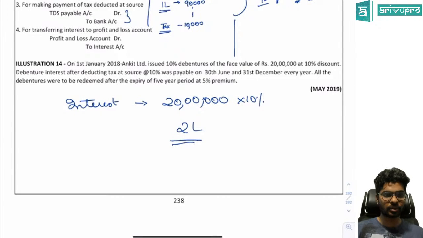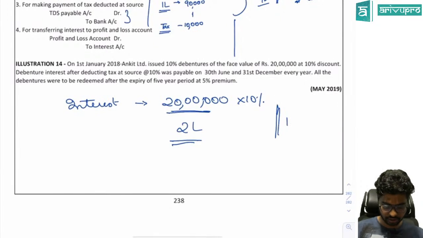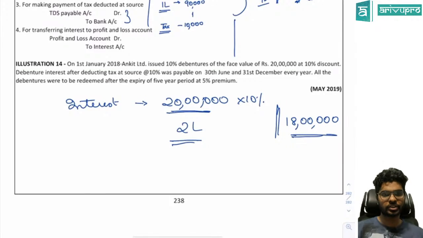Please remember that the interest is always paid on the face value, not on the issue price.